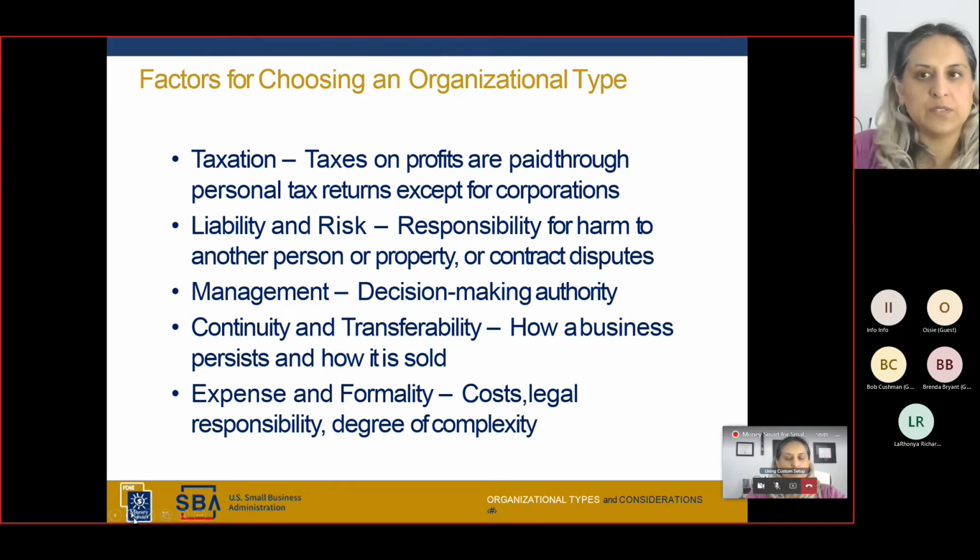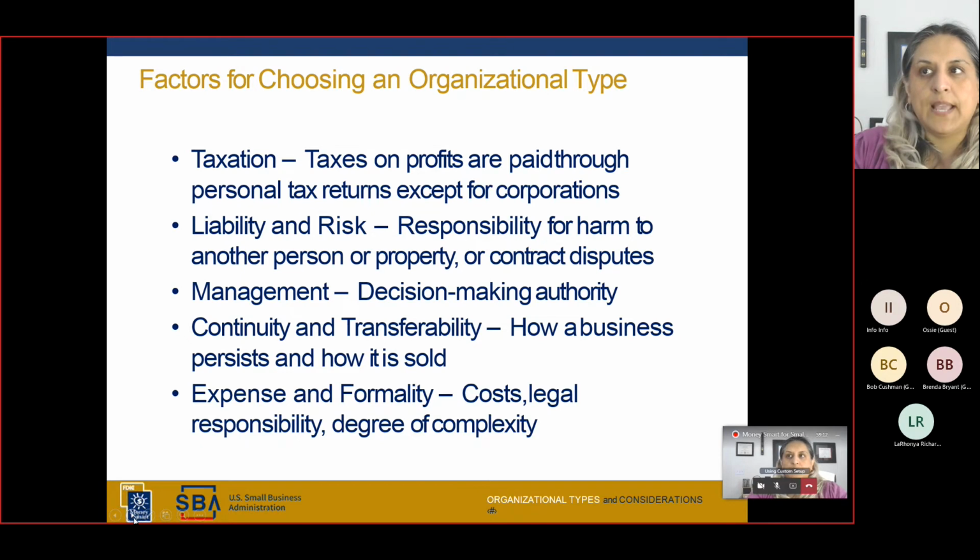If your business gets sued, they're looking at who's going to pay the person for the damages. The judgments against a business could result in the owner being held liable to pay the damages.